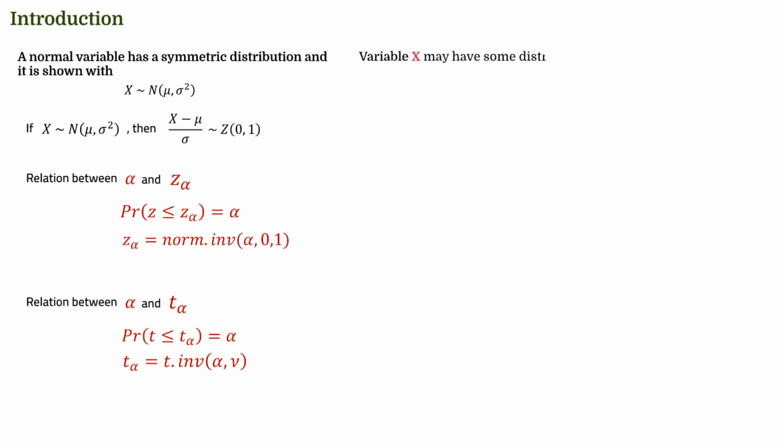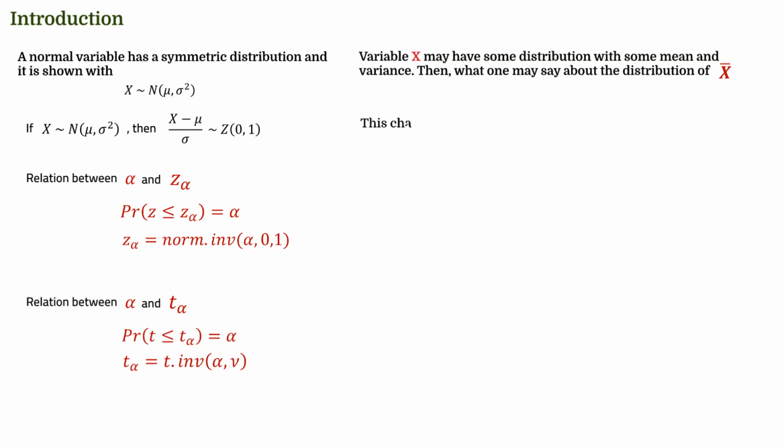Variable X may have some distribution with some mean and variance. Then what one may say about the distribution of X bar? This chapter explores the central limit theorem to answer this question.